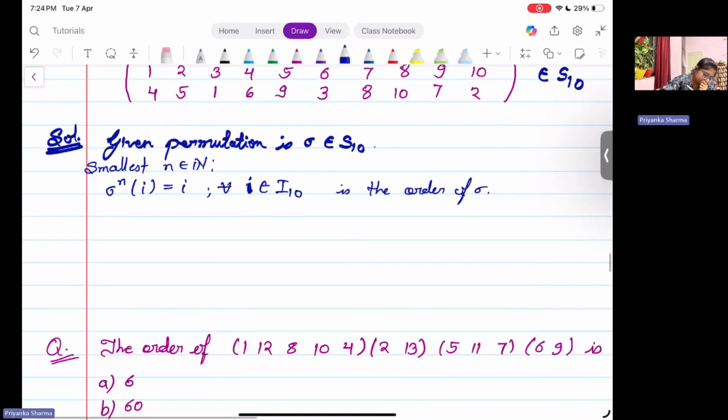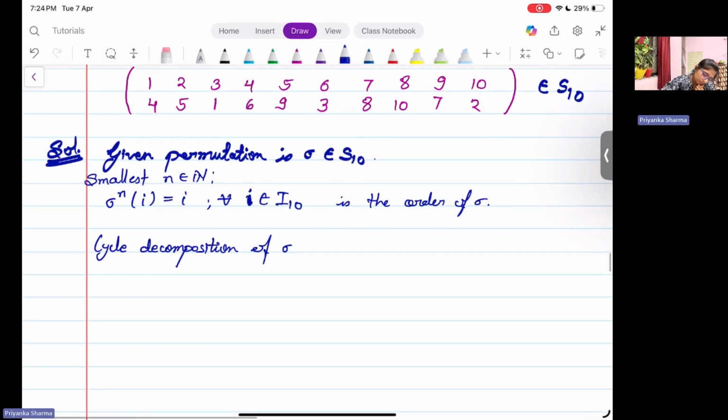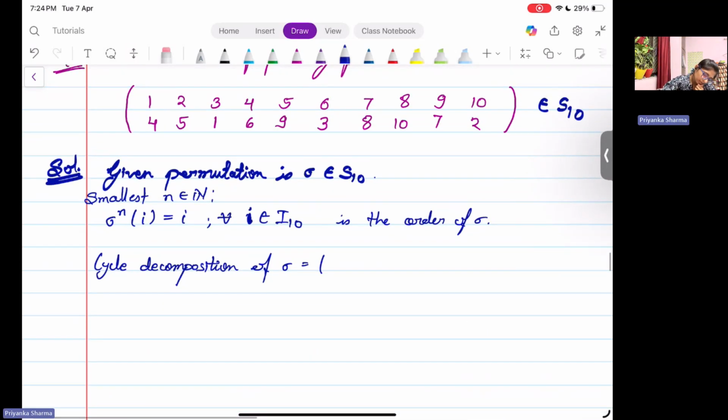The cycle decomposition of sigma is: 1 maps to 4, 4 maps to 6, 6 maps to 3, 3 maps to 1.